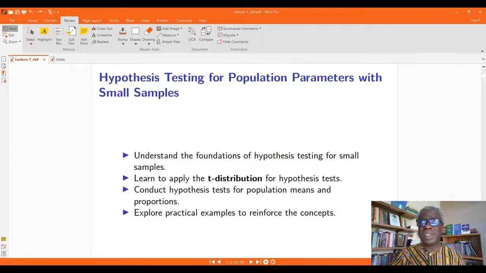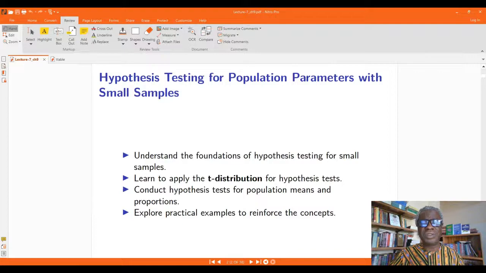But in small sample, we cannot invoke the central limit theorem. So the appropriate test to use is the t-distribution.